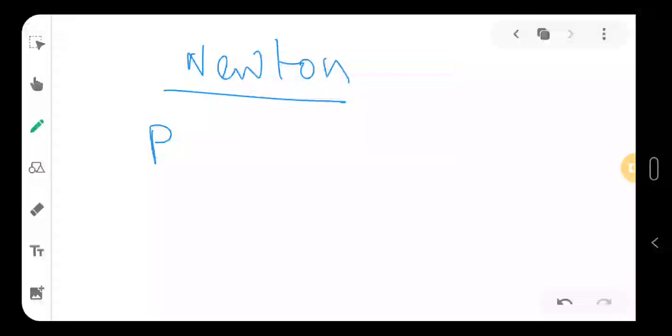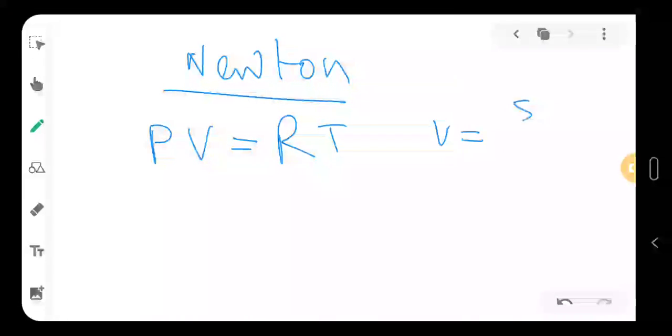generally we know that the equation for an ideal gas is PV equals NkT, or in a normal way you can write PV equals RT, where R is the universal gas constant. We also have seen that the velocity is related to the stress by the mass, that means the density, right?